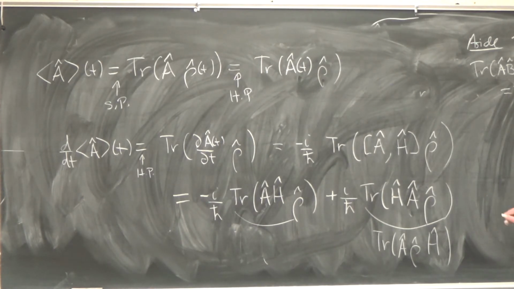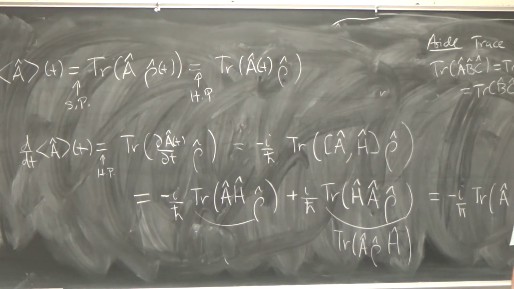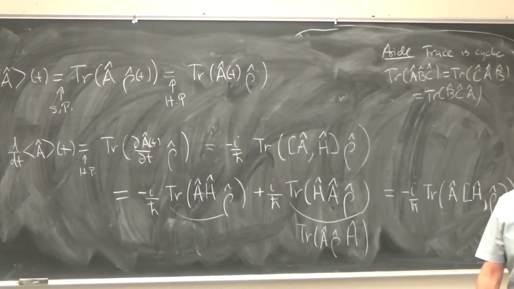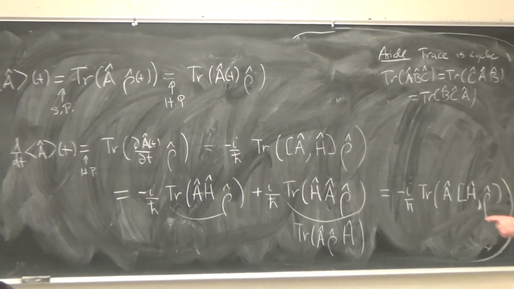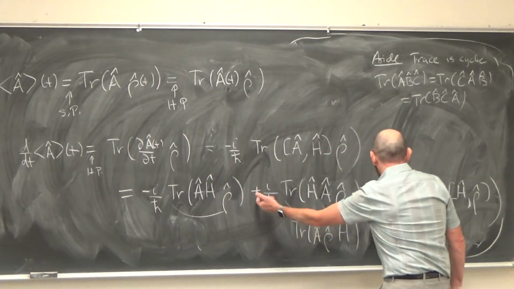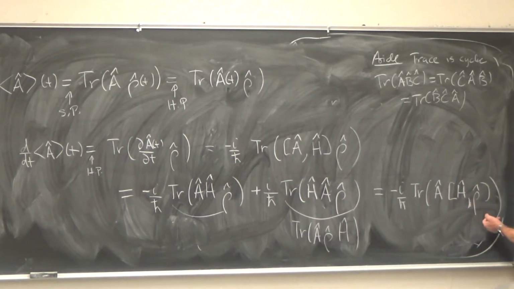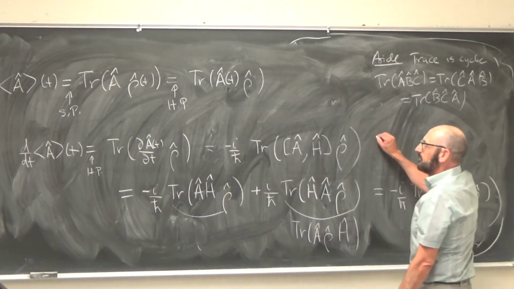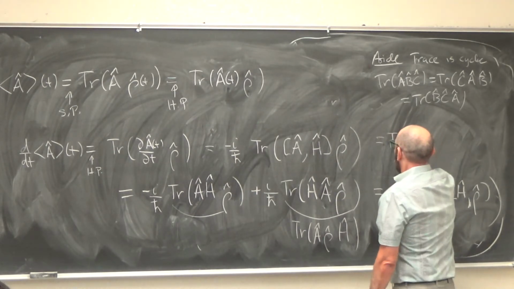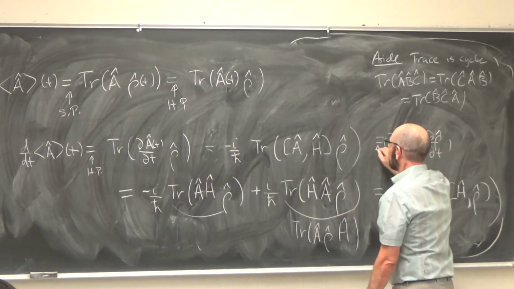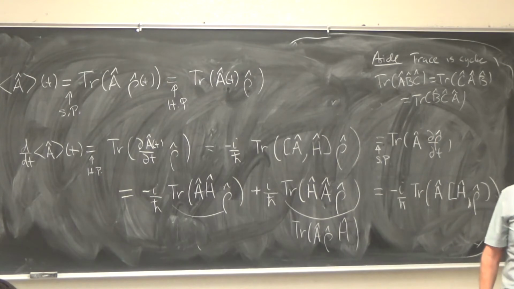But notice this is equal to minus i over h bar, the trace of A with the commutator of H with rho. Because this is H rho with a minus sign rho H, which is the commutator of H with rho. Which is to say that this is equal to the trace of A with the time derivative of rho in the Schrödinger picture.